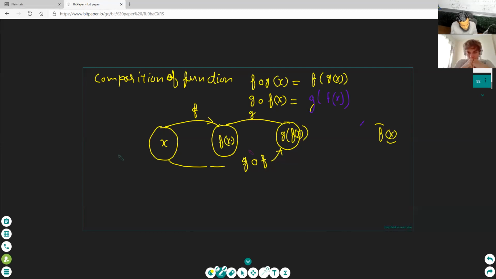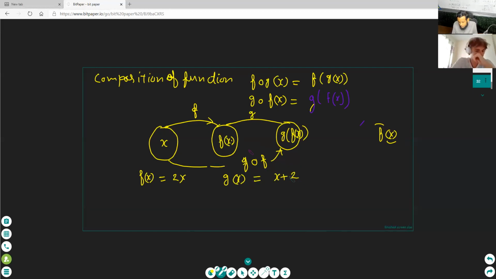I write the question, then you should try to solve. Product, difference, and quotient are easy questions, but I write some questions, then you should find f of x and g of x. f of x is equal to 2x, and g of x is equal to x plus 2.